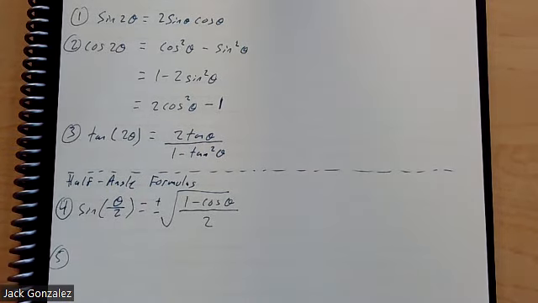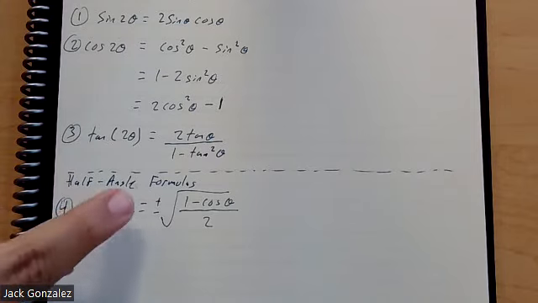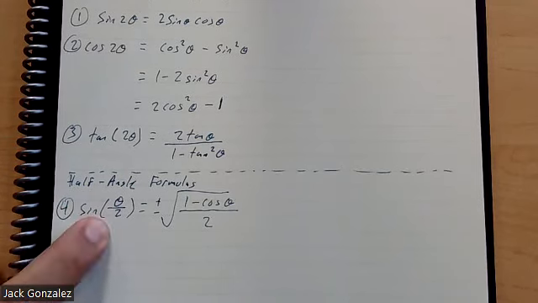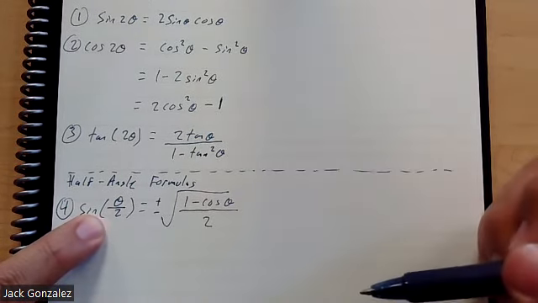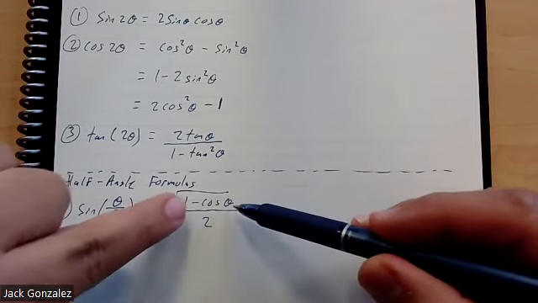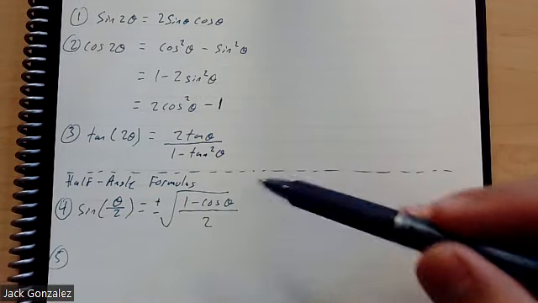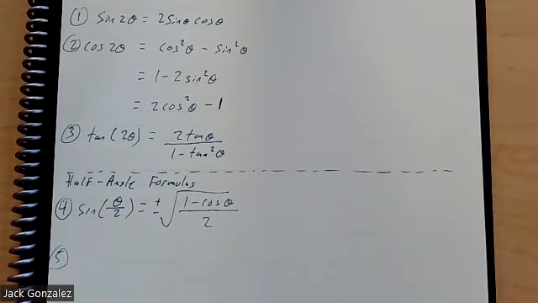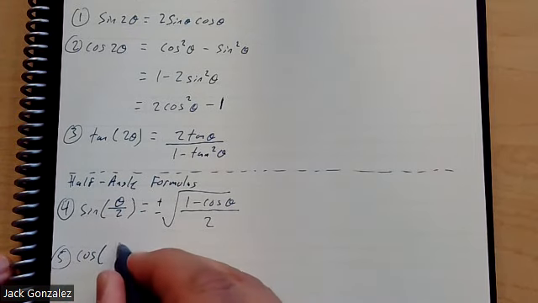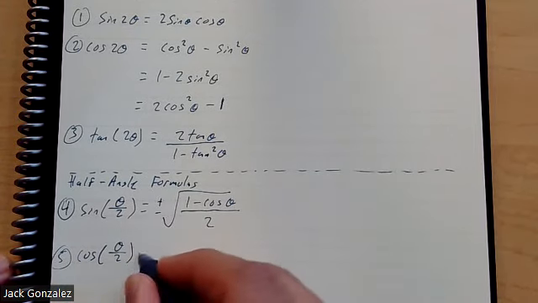So like last time, you're going to have to figure out whether to choose the plus or the minus, and that's going to depend on the location of the half angle, not the theta. And then you're going to have to figure out if this cosine is also positive or negative, depending on the quadrant. So these will be a little more, yeah, a few things to worry about, I guess.